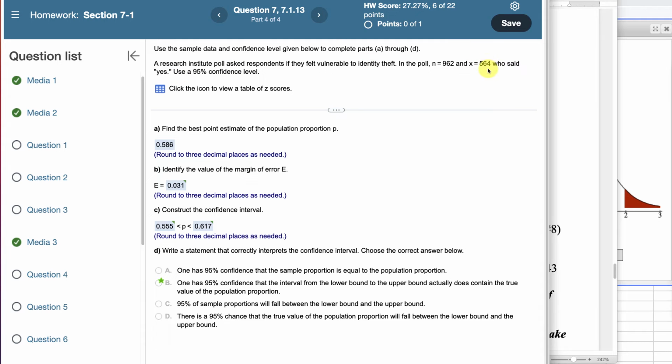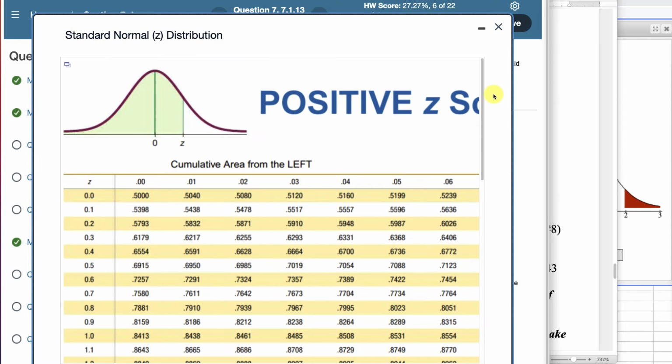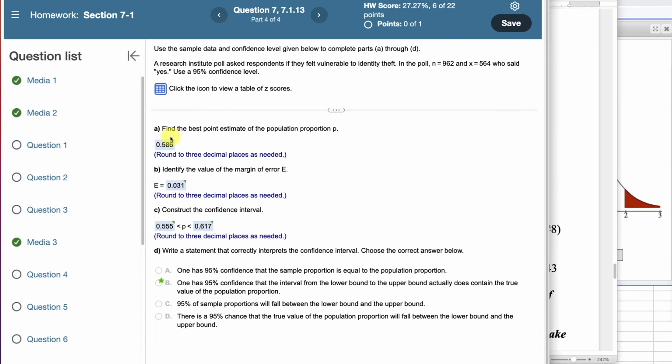So that's how many said yes. Use a 95% confidence interval. We can use these z-scores if we want in the table, but I just use StatCrunch, right? Find the best point estimate. This is for later, for the confidence interval. Find the best point estimate of the population proportion p.